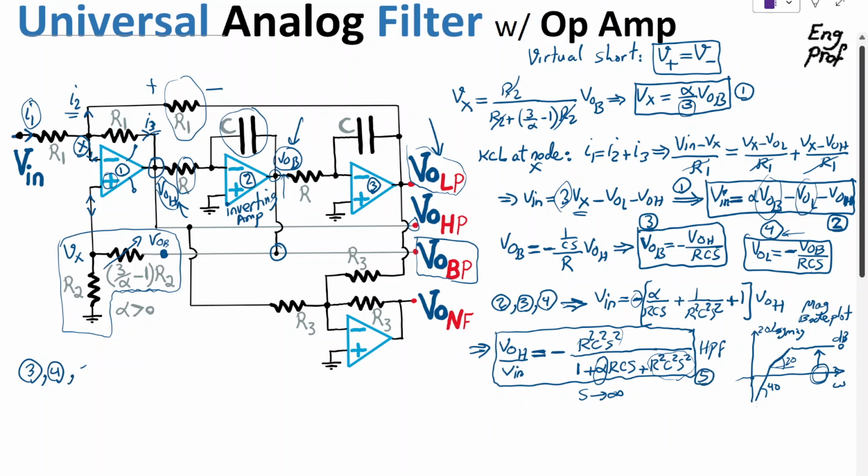So 3, 4, 5 combined. We know that basically what we got is V out low is 1 over R2 C2 S2 S squared V out high. That's what we got.